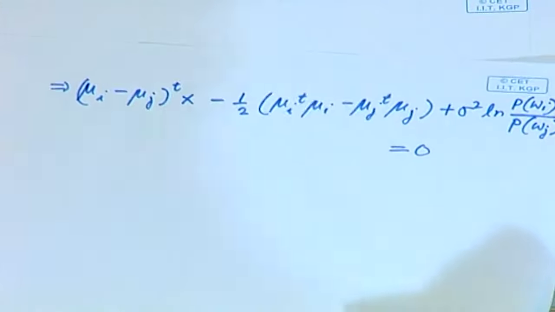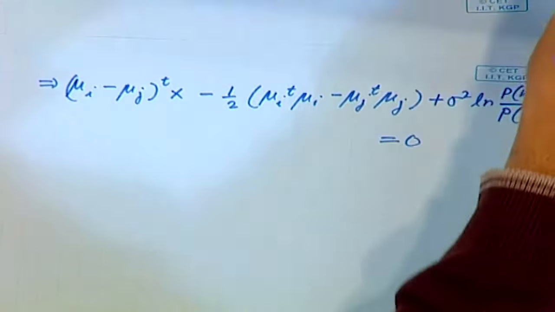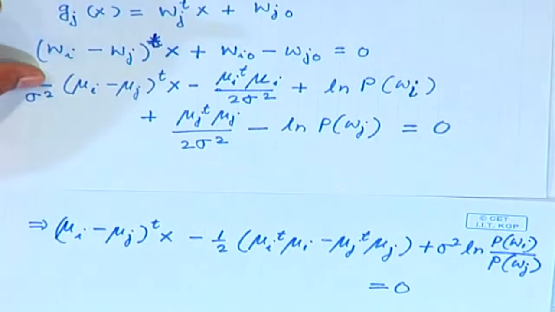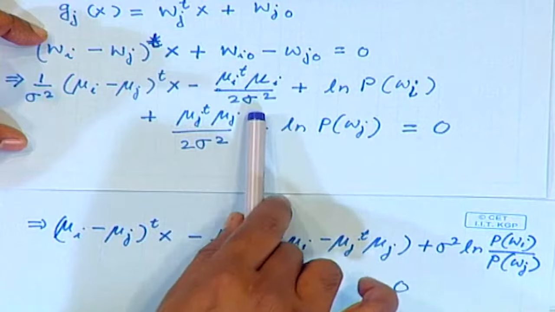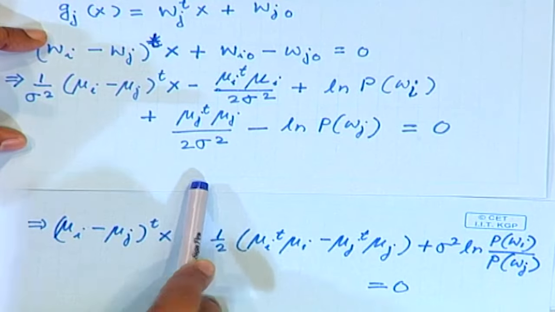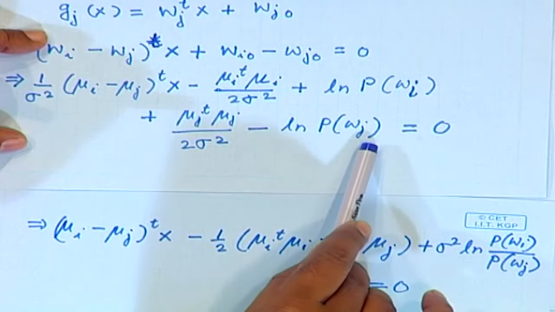It is simply the same expression where we have grouped together mu i transpose mu i upon 2 sigma square and mu j transpose mu j upon 2 sigma square, and grouped together log of P of omega i and log of P of omega j.